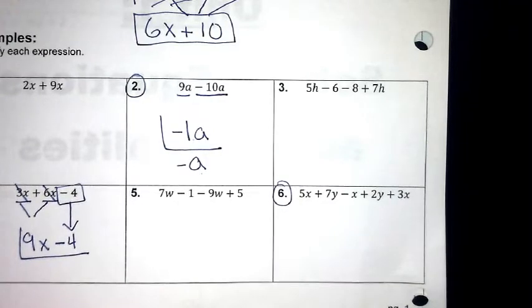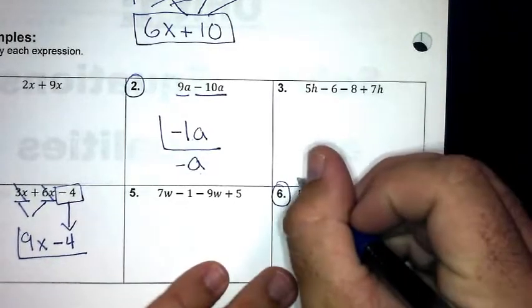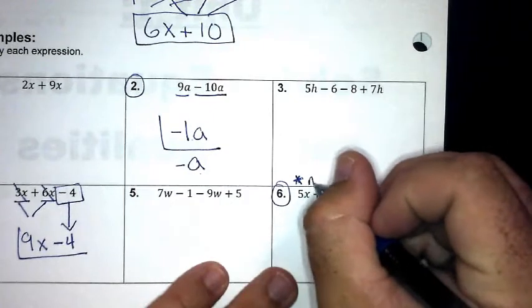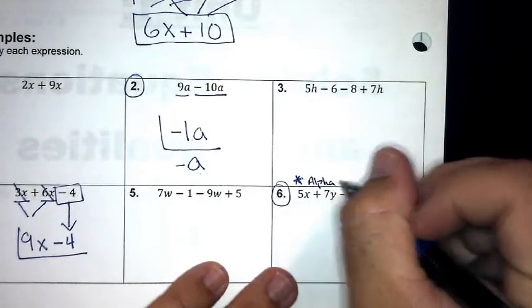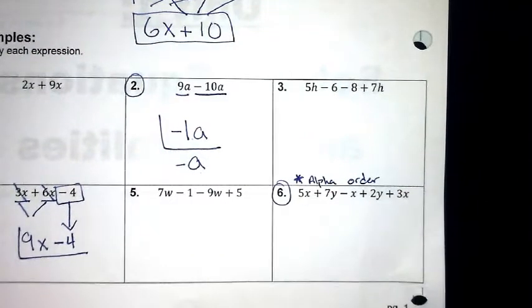They're two different terms, okay? When you have multiple variable terms, always put a little star here: put them in alpha order. What comes first, x or y in the alphabet?